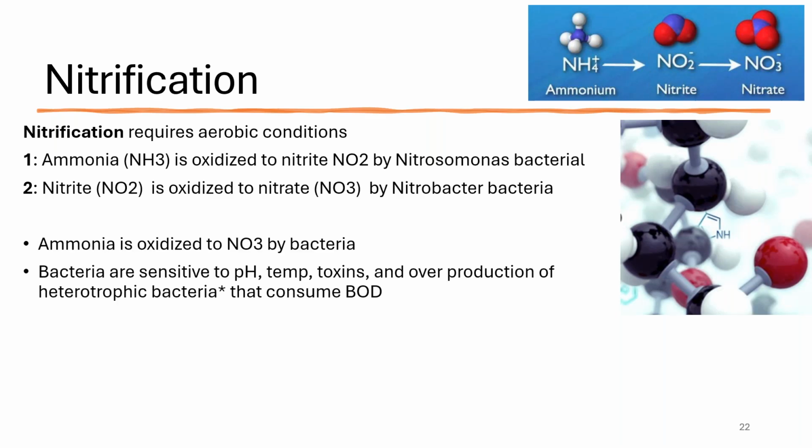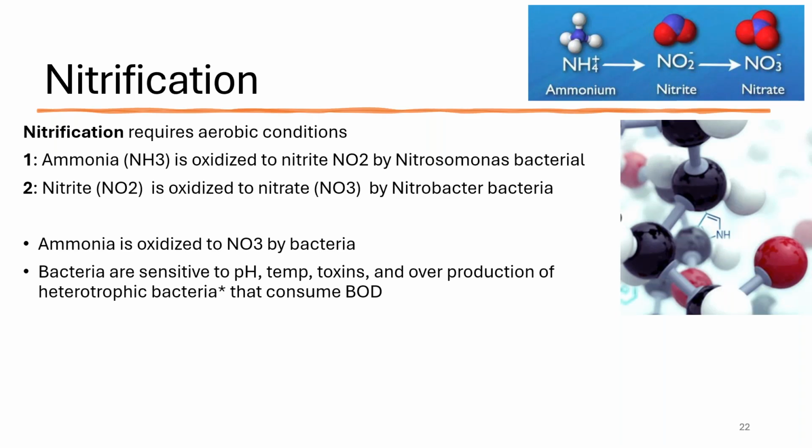And these bacteria, the nitrifying bacteria, are very sensitive. We were talking a little bit earlier about holding a higher mass of microorganisms for a longer time. A part of that is because we want to build a population of bacteria in the activated sludge flow.